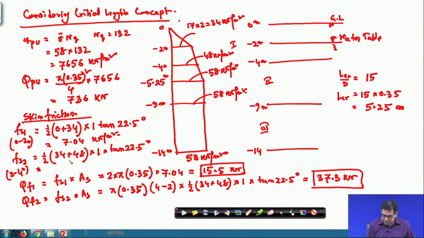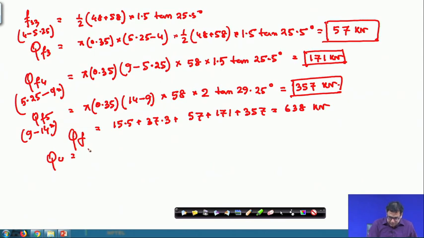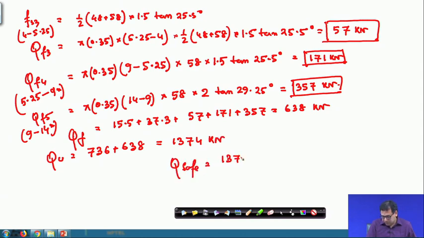Okay. So, now Qu will be equal to 736 plus 638. So, that is equal to 1374 kilonewton and Qsafe is 1374 divided by 2.5, that is equal to 550 kilonewton.